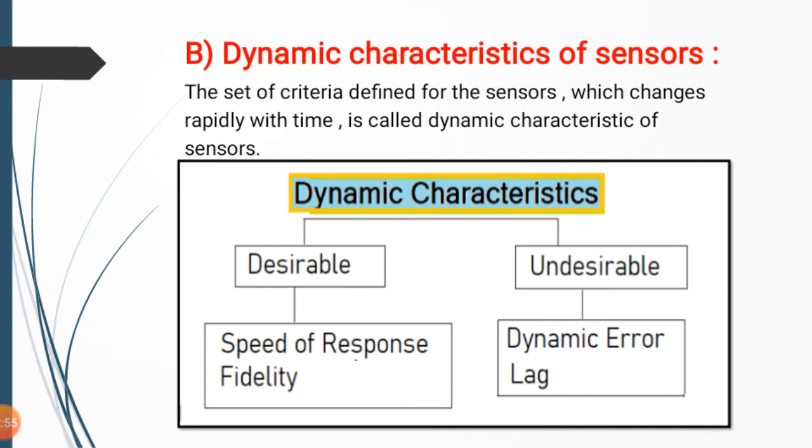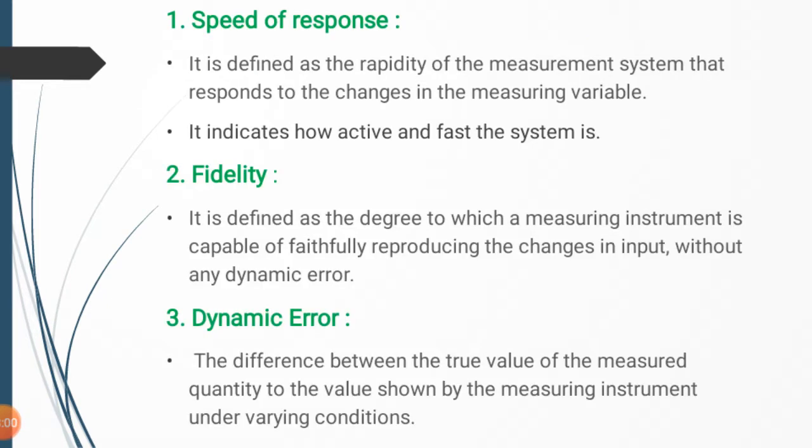First we see the speed of response, that is the desirable dynamic characteristics. It is defined as the rapidity with which the measurement system responds to changes in the measuring variable, or it indicates how active and fast the system is.